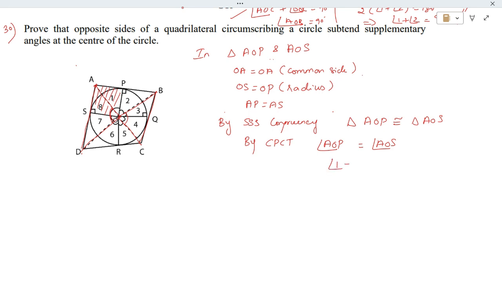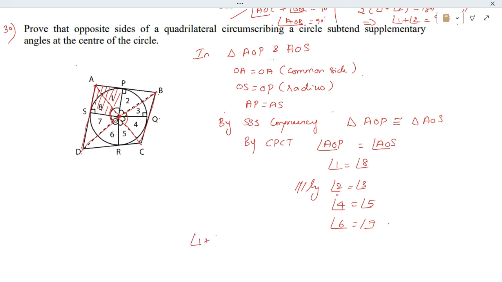That is, angle 1 is equal to angle 8. Similarly, if I consider triangles BOP and BOQ, angle 2 will be equal to angle 3. Similarly, angle 4 will be equal to angle 5, and angle 6 is equal to angle 7. Now, around the point O, all the angles sum up to 360 degrees, isn't it?